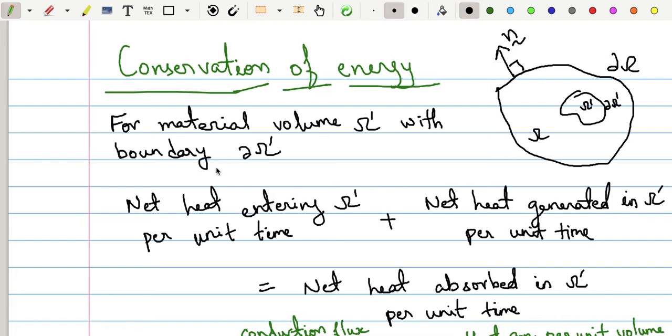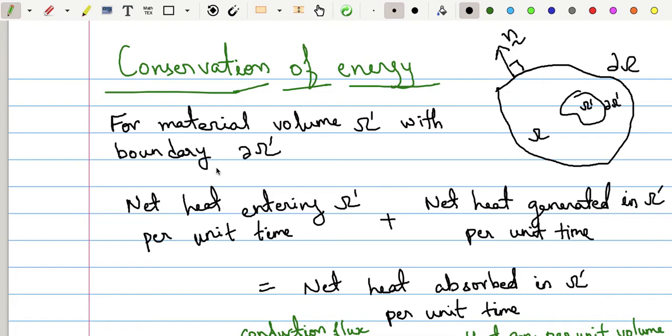Sorry, sir, voice was not clear. My question is that when we are applying the conservation statements, we are not worrying... Your voice is not clear. Some kind of disturbance is there. Do you still have a problem, or are you able to hear now? No, sir, I still have the problem.